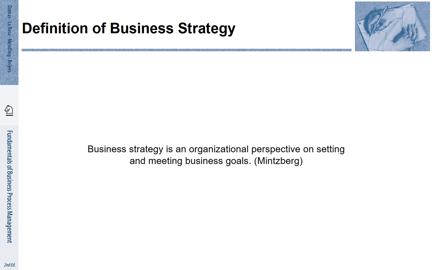He says, business strategy is an organizational perspective on setting and meeting business goals. These business goals define the overall direction of a business process management initiative in a company, and process identification helps to operationalize this business strategy.